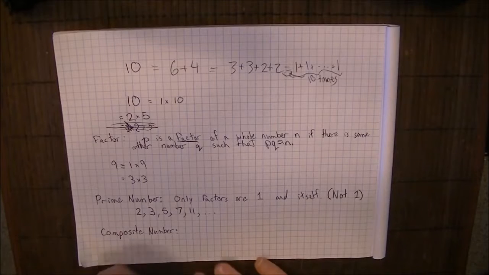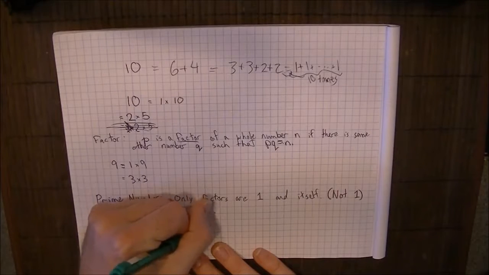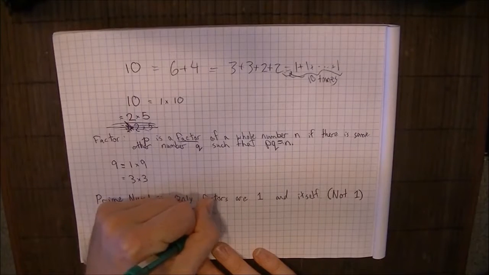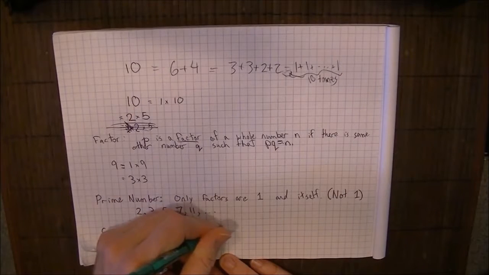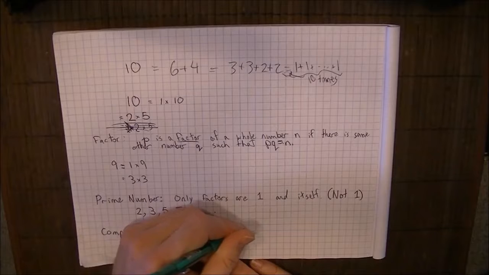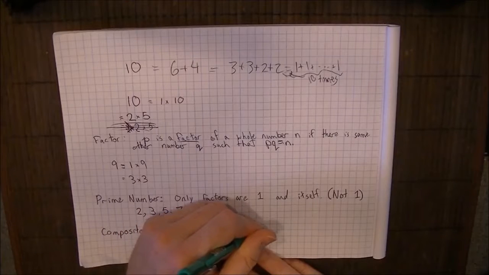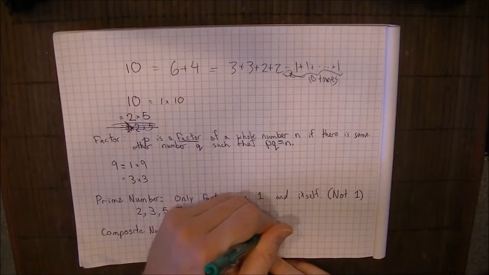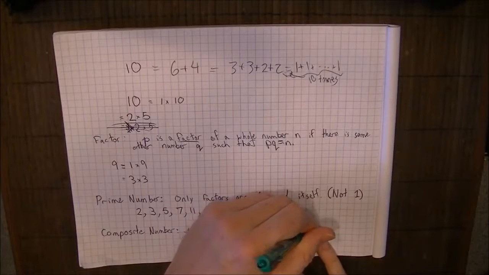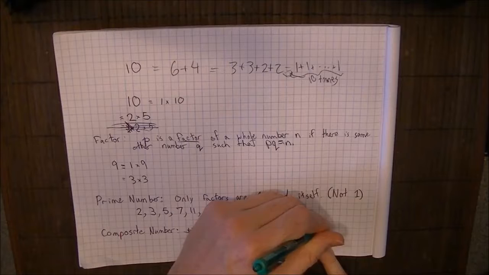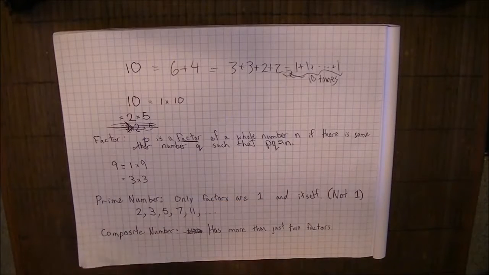So composite numbers have more than just 2 factors. So in other words, 3 or more factors, okay?